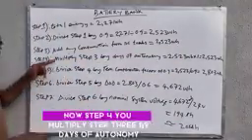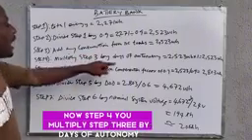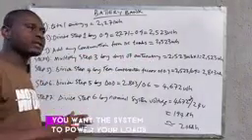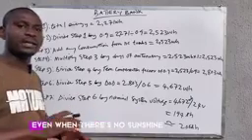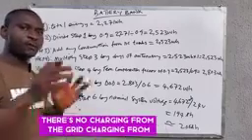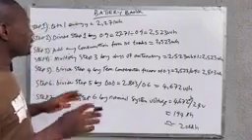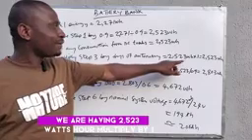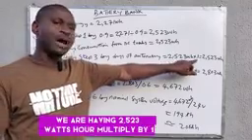Now, step 4, you multiply step 3 by days of autonomy. The days of autonomy are days you want the system to power your loads even when there is no sunshine, there's no charging from the grid, or charging from solar panels. So our days of autonomy here is 1. We are having 2,523 watt hour multiplied by 1.